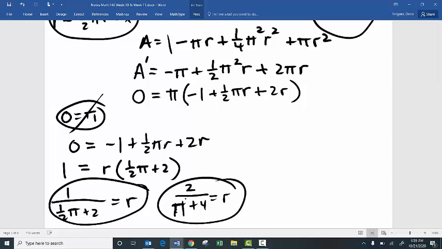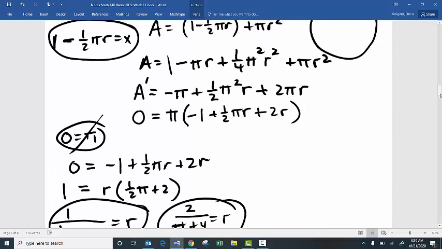So now the only thing left to do is to solve for x. So if you go back to your original formula here that you had for x, and then we're pretty much done with this problem, here is r. All right, so your x is 1 minus 1/2 pi.